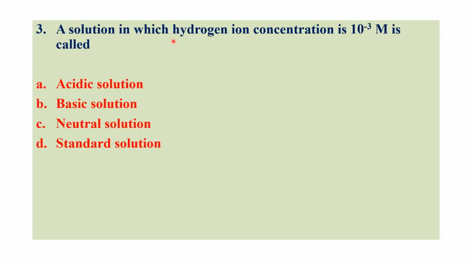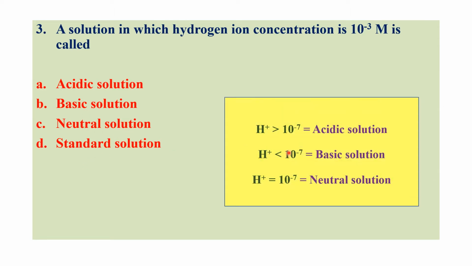A solution in which hydrogen ion concentration is 10⁻³ molar is called acidic solution, basic solution, neutral solution, or standard solution. So if the hydrogen ion concentration is greater than 10⁻⁷, which means 10⁻⁶, 10⁻⁵, 10⁻⁴, 10⁻³, then the solution will be acidic.